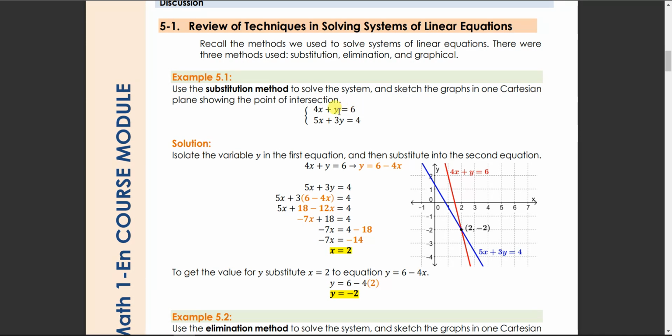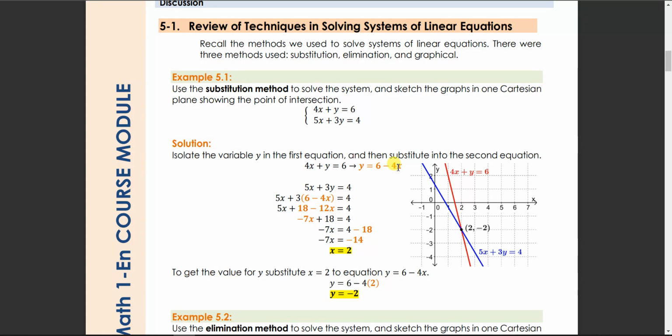So simply i-transfer atong 4x sa other side. From 4x plus y is equal to 6, it will become y is equal to 6 minus 4x. Gibalhin lang natin si 4x sa other side, so from positive na negative siya. So we have an equation of y in terms of x.